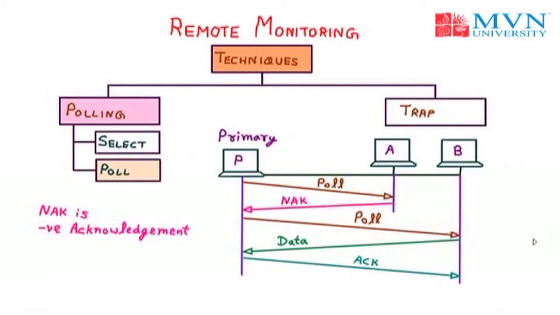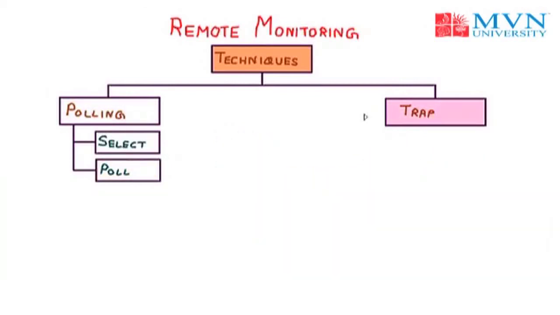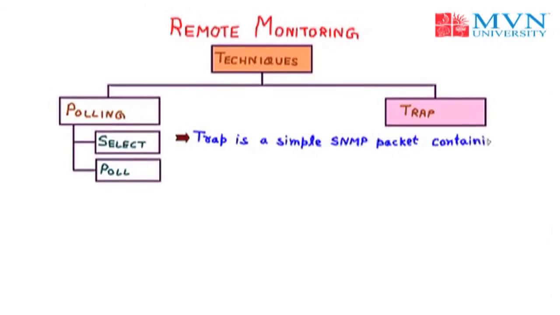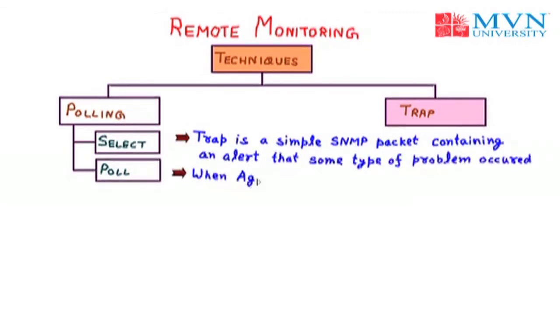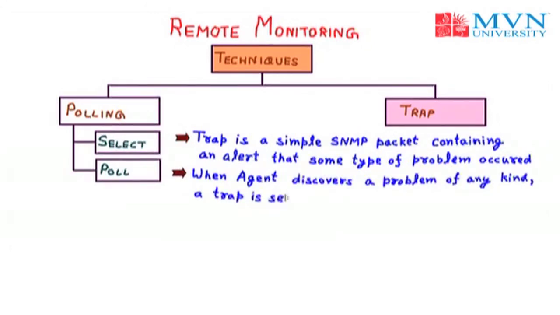Now we will discuss the next technique, that is trap. Whenever an event occurs, the network device generates a signal that is called the trap. Trap is a simple SNMP packet containing an alert that some type of problem has occurred. Whenever the agent discovers a problem of any kind, a trap is sent to its configured management system.